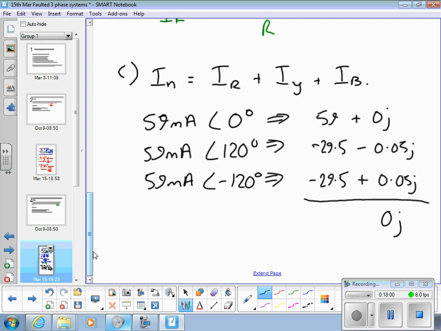Sorry, they aren't amps there. 0 plus 0J amps. No current flowing in the neutral.